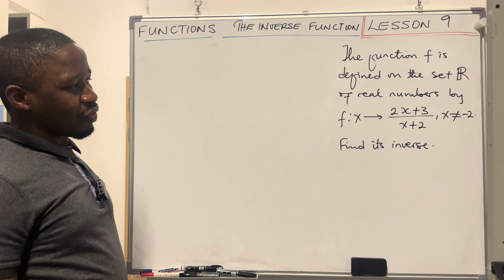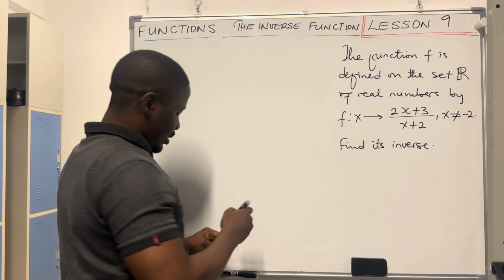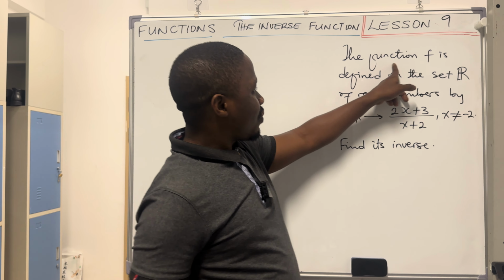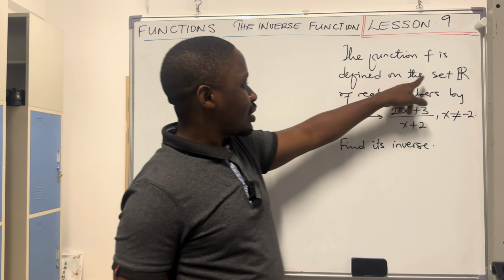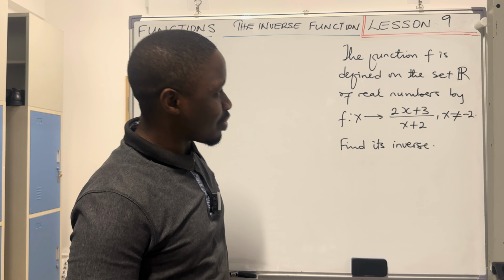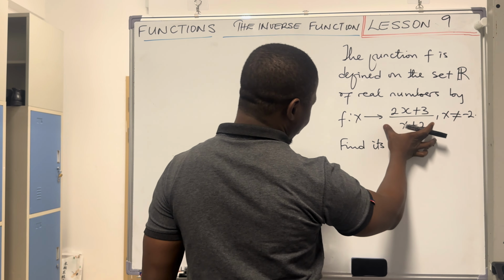To find the inverse of a function, first of all, we are given a function here. We are informed that the function labeled f is defined on the set R of real numbers by this one.